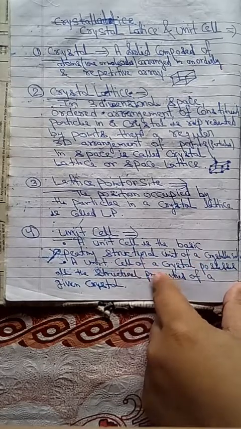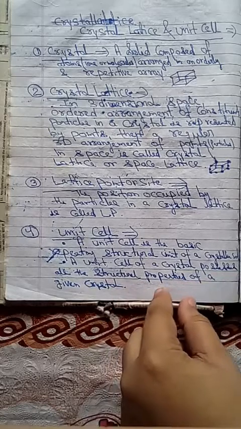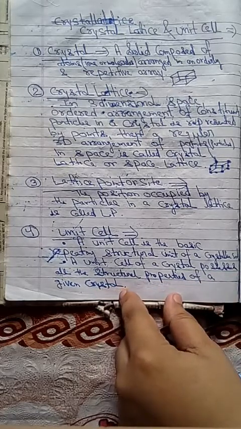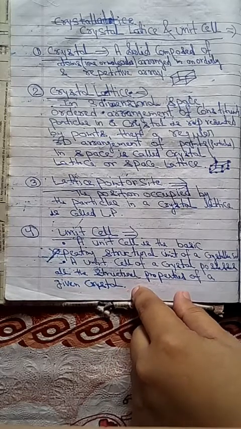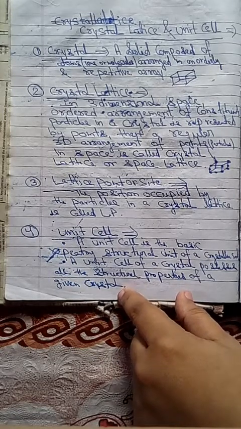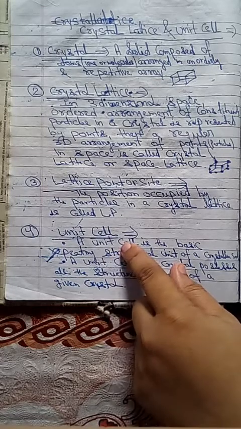A unit cell of a crystal possesses all the structural properties of the given crystal. For any crystal, the smallest basic part with the help of which the entire crystal is made is called the unit cell.